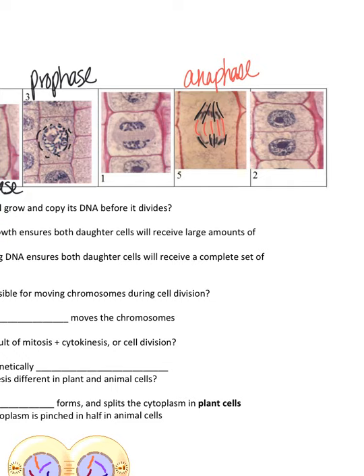And then telophase, we're going to start bringing a nuclear envelope back to keep those chromosomes at each pole. So this one's going to be called telophase. And then finally we go through cytokinesis. And so this is a plant cell, and we're building the cell wall in between to separate cytoplasm.